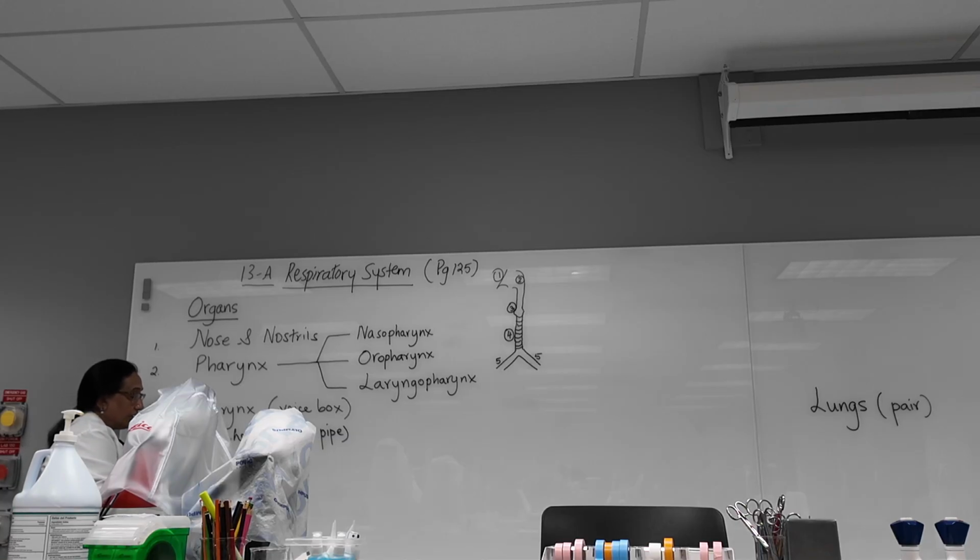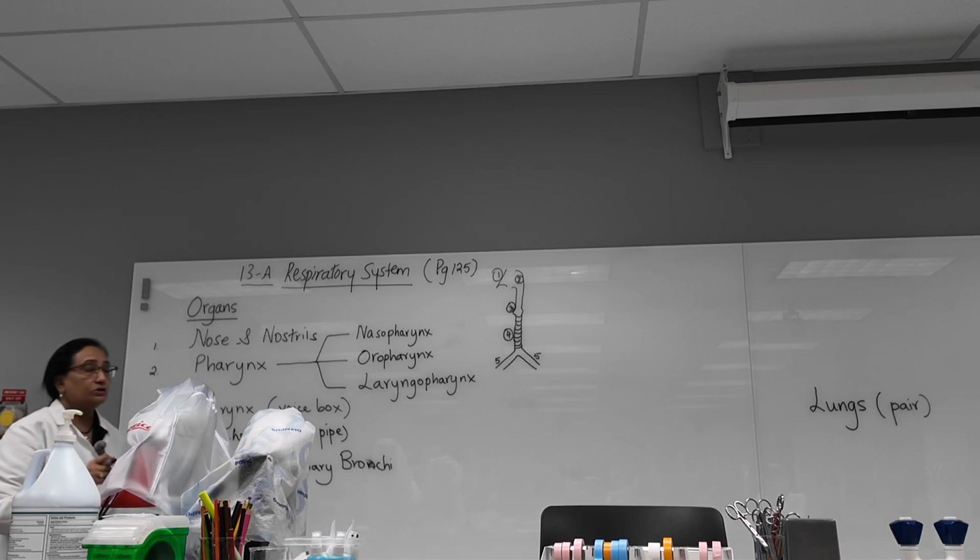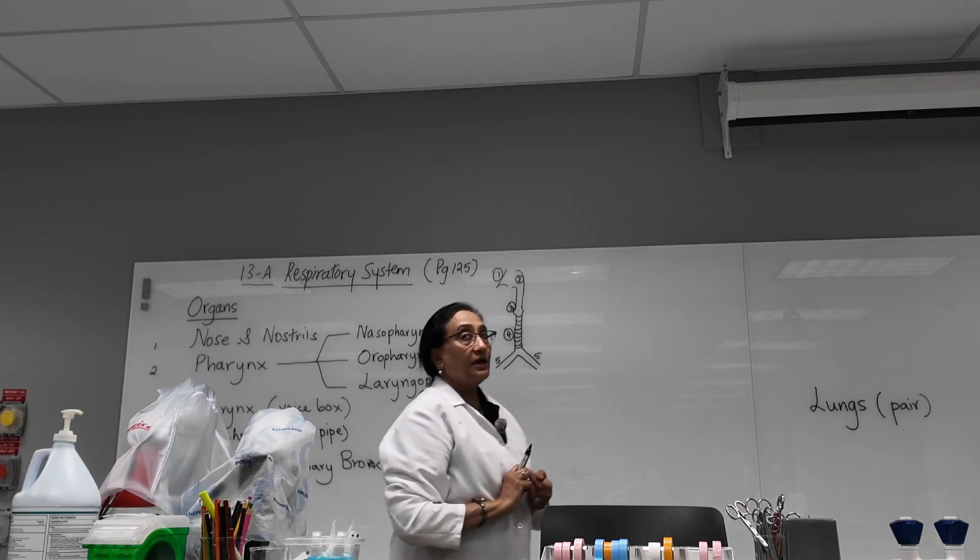Right and left primary bronchi. Primary bronchi. These are the air passages, okay? One goes to the right lung, one will go to the left lung. So primary bronchi.